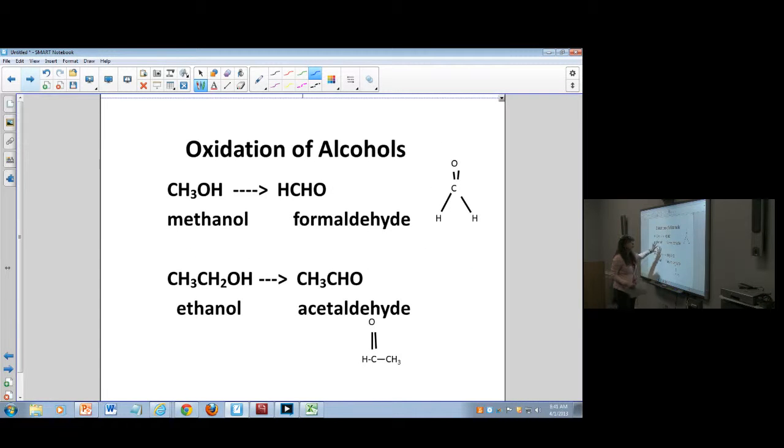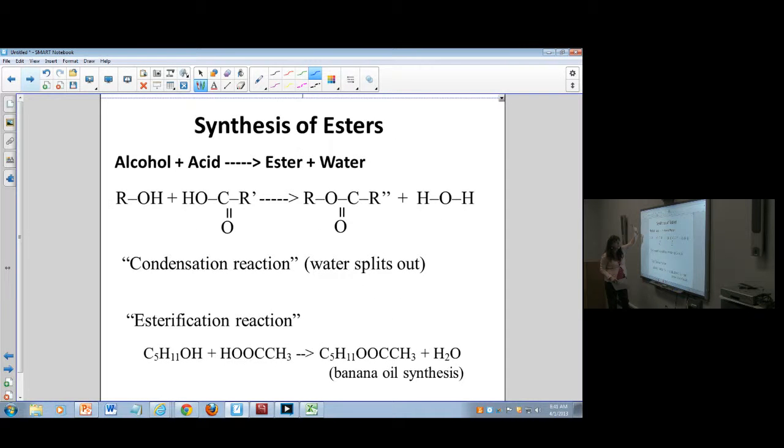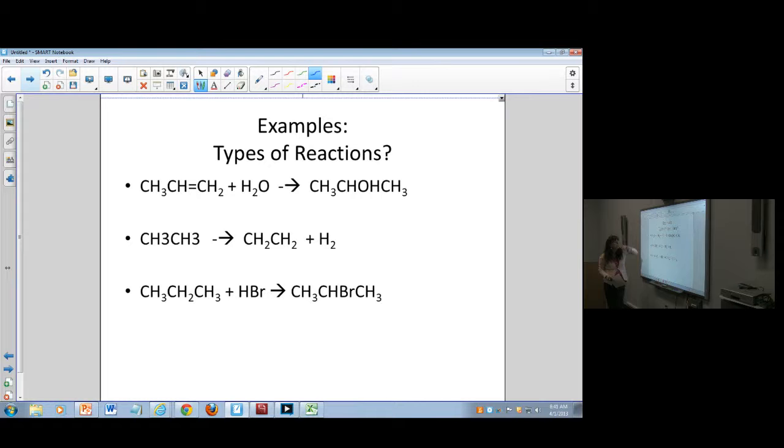Now we're going to look at oxidation of alcohols in another lesson, as well as synthesis of esters. I just want you to be aware that those are coming up, but we're not going to look at them right now.